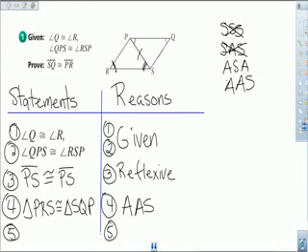And I need to see, can I get information about another side or another angle? This is what we are looking for. And I notice that I have this side here, which is on both triangles. So that's CS.